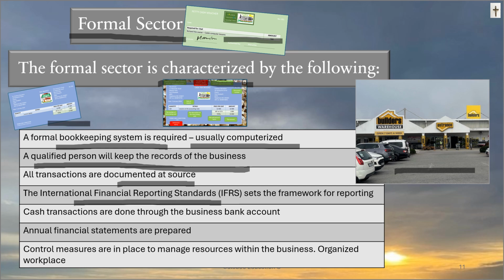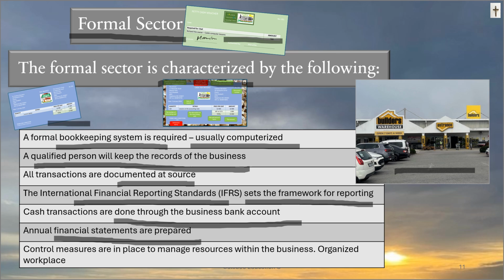In the formal sector, the International Financial Reporting Standards sets the framework, so there will be principles to adhere to, accounting principles. Cash transactions are done through the business bank account, so a proper record is kept. Financial statements are prepared, so a statement of financial position, cash flow statement, a statement of profit and loss.